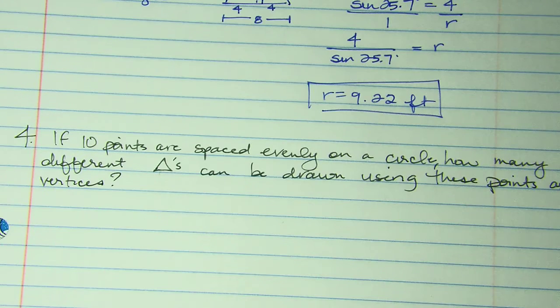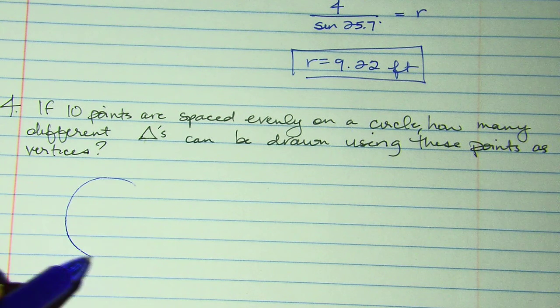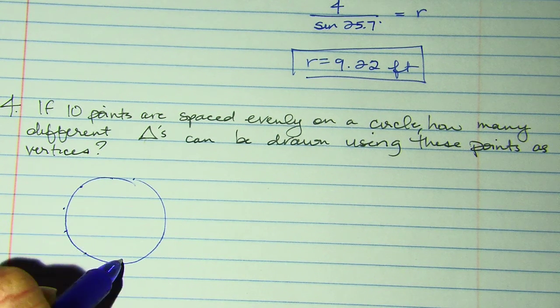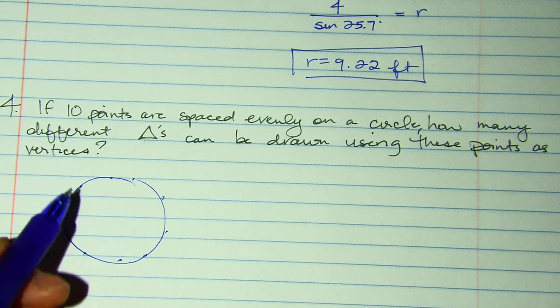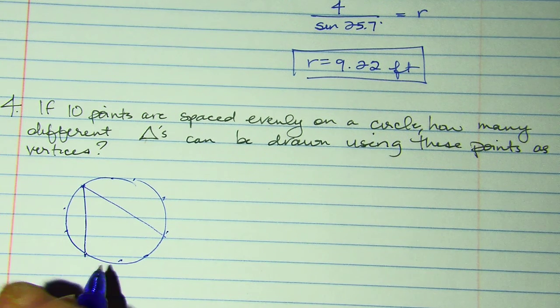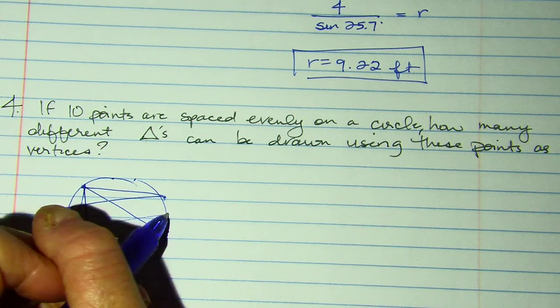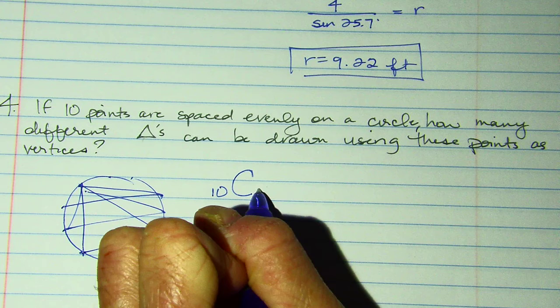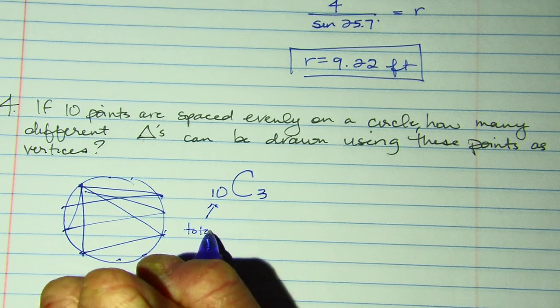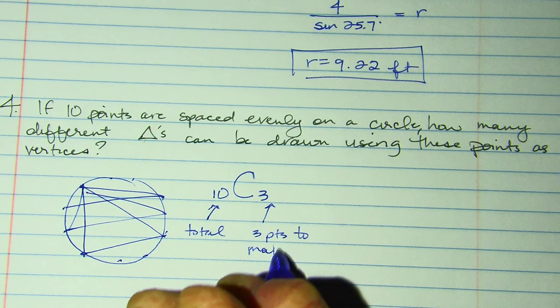One of your homework problems in a couple sections talks about how many triangles are possible. So if 10 points are spaced evenly on a circle, how many different triangles can be drawn? So to find it, you do 10 points total, and it takes 3 points to make a triangle.